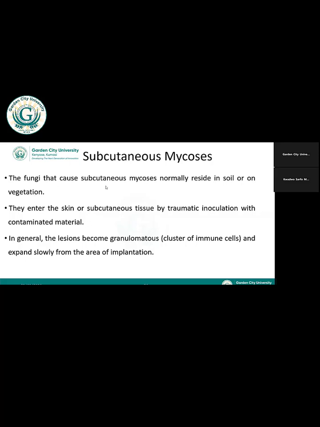Mostly affected are children, because you see children playing around, and if there's an accident, because they are in the soil, the organisms can find themselves into the skin and cause the mycosis.